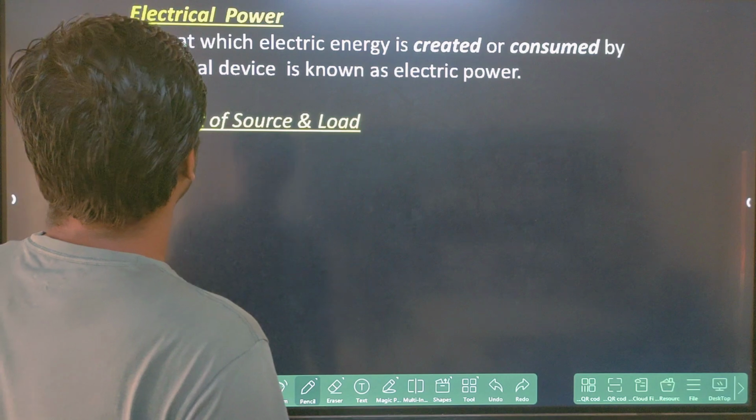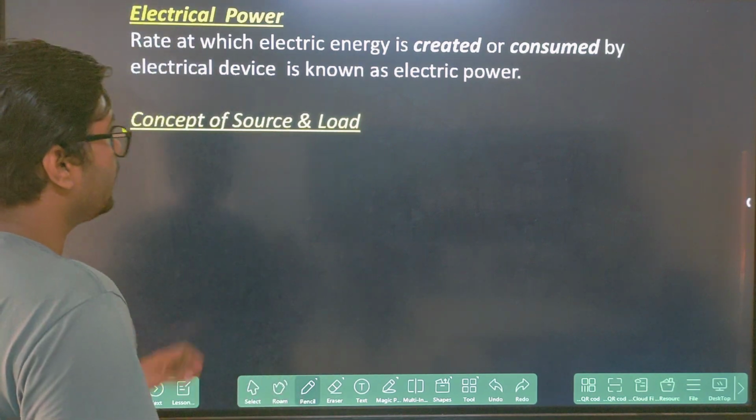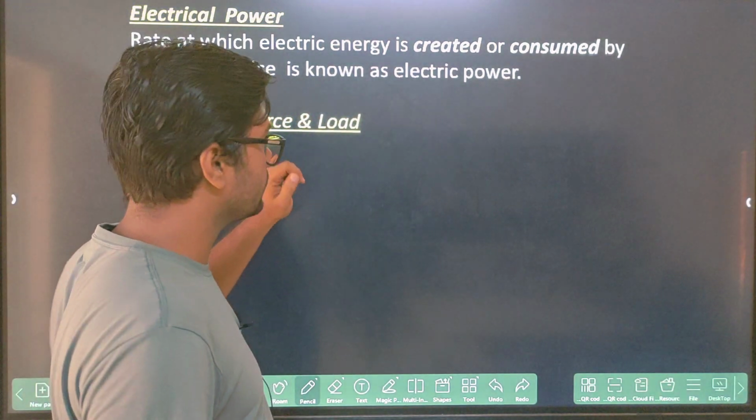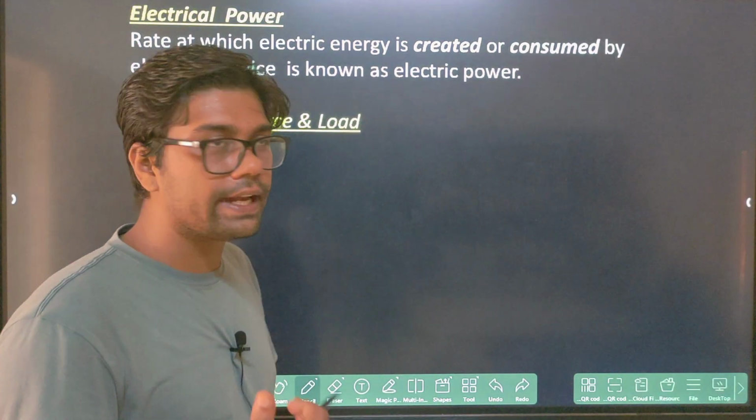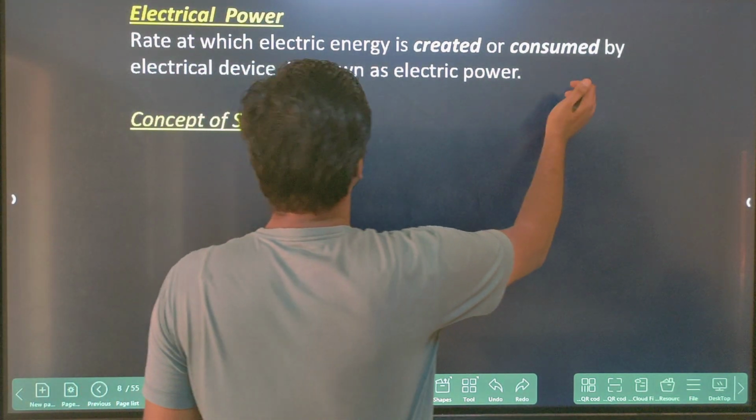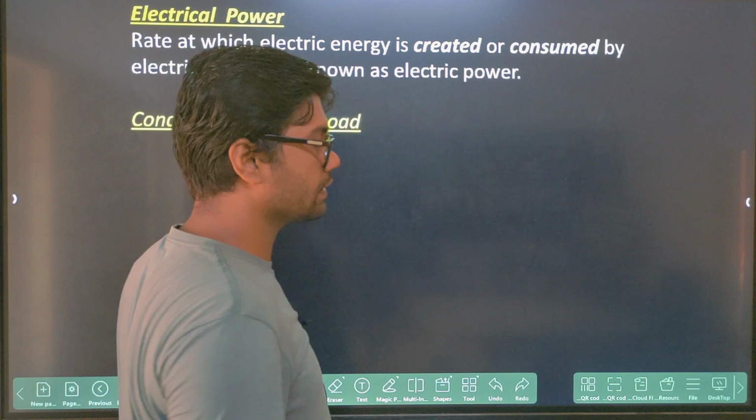Now we'll see electrical power. Electrical power is basically defined as the rate at which electrical energy is created or consumed by an electrical device.